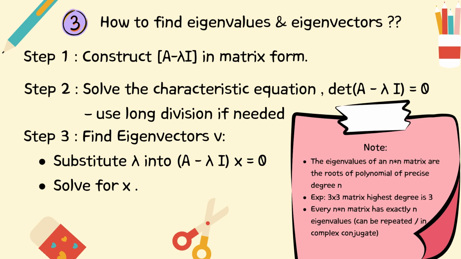You might get repeated values, which we call repeated eigenvalues, or even complex numbers if the solution involves imaginary roots. So, even though the steps are straightforward, the solutions you get can vary, and you will need to know how to handle all three types, which is real, repeated, and complex eigenvalues.